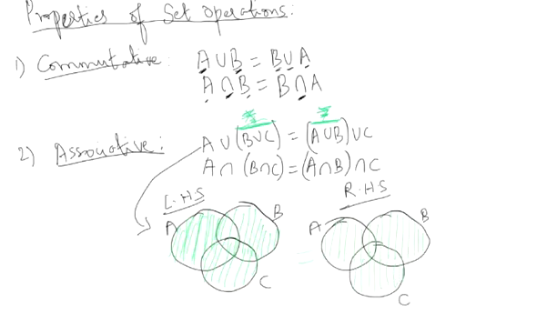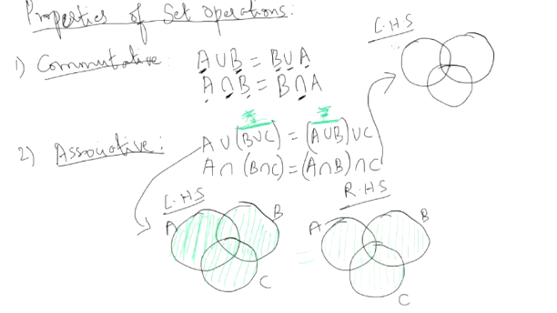Now let's try to prove this also. Now that we've started, let's try to prove this intersection also. So in this, let me take the left hand side. You have A, B and C. So B intersection C. What is B intersection C?